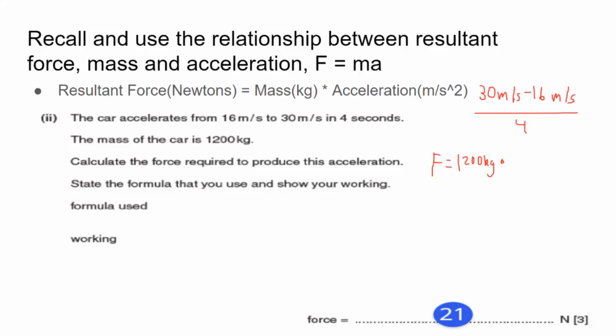Using the calculator, that's equal to 3.5 meters per second squared. So 1,200 times 3.5 meters per second squared.